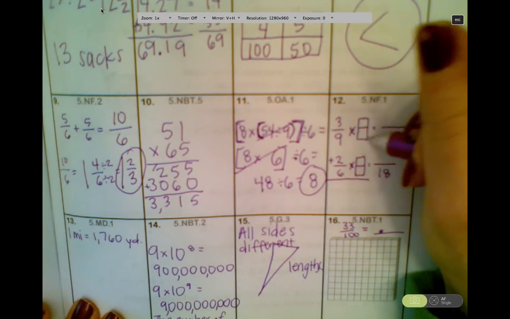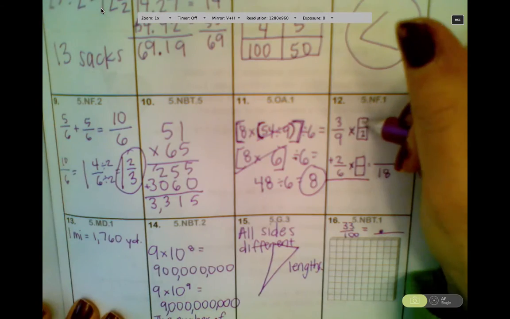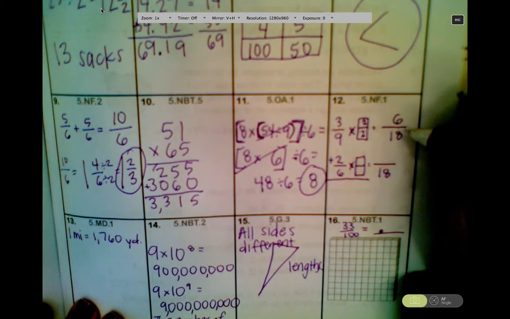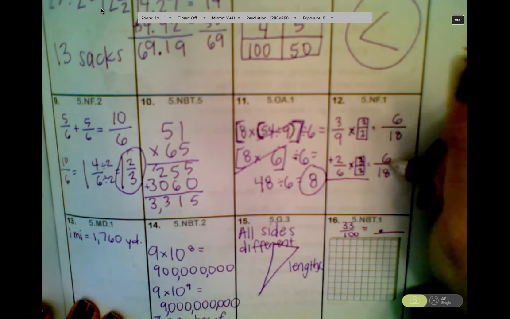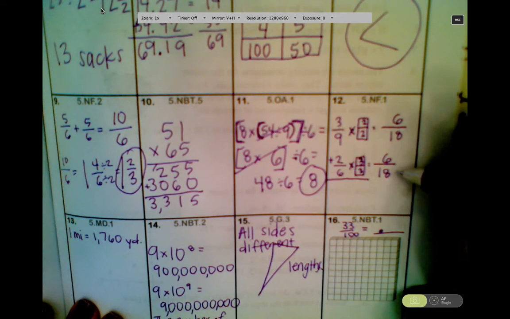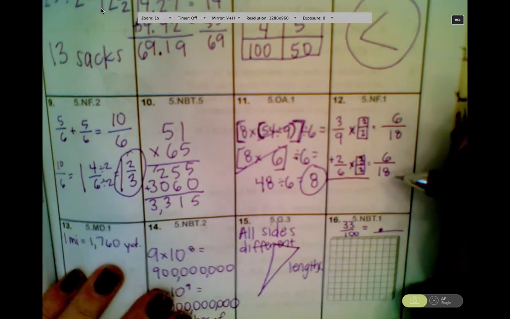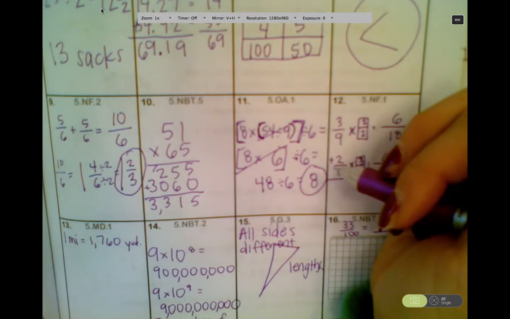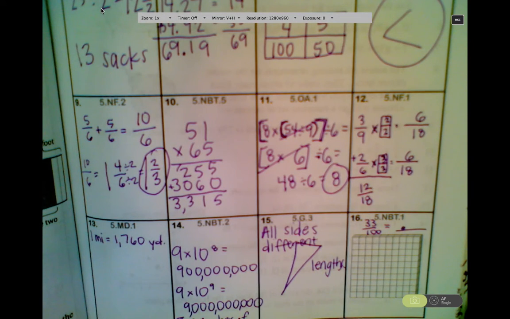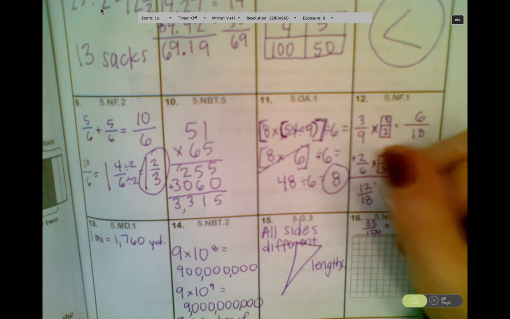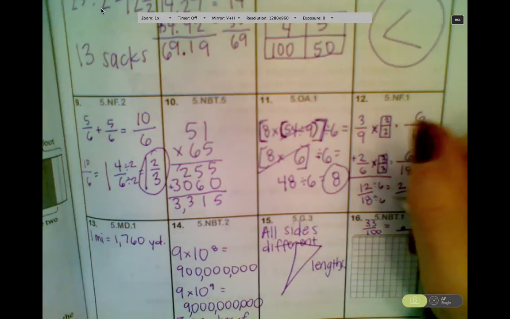Now we have to find our equivalent fractions. 9 times 2 is 18, so 3 times 2 is 6. 6 times 3 is 18, and 2 times 3 is 6. 6 eighteenths plus 6 eighteenths is 12 eighteenths. And if you were to simplify that, you could divide the numerator and the denominator by 6, and you would get 2/3.